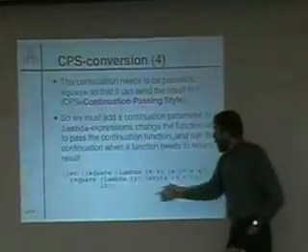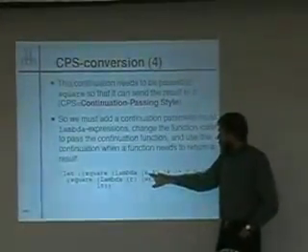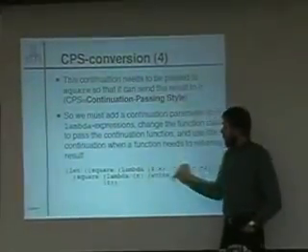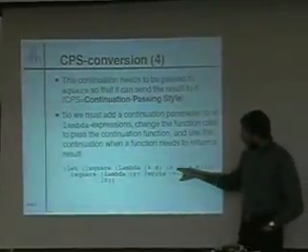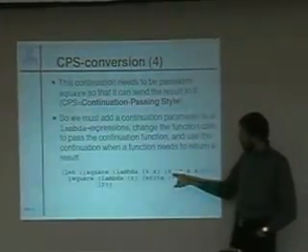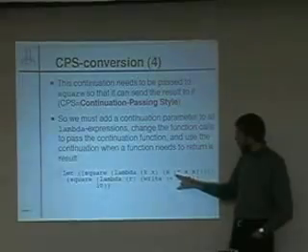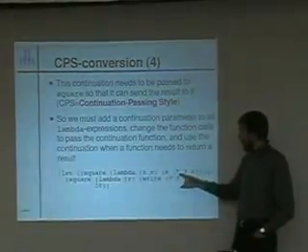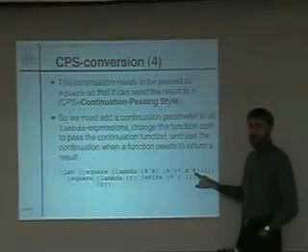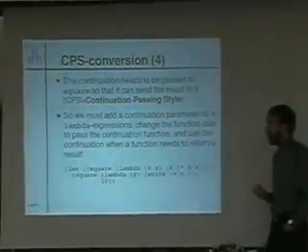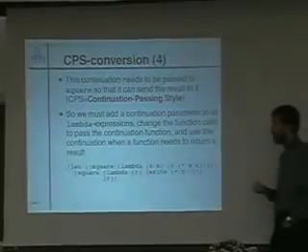So here is how we could translate the example. We've added a parameter k, which will represent the continuation for the function square, and we use this continuation simply in the function call. So we do a function call to k, passing as a result the square of x. Okay, so this actually represents returning from square with a particular value.